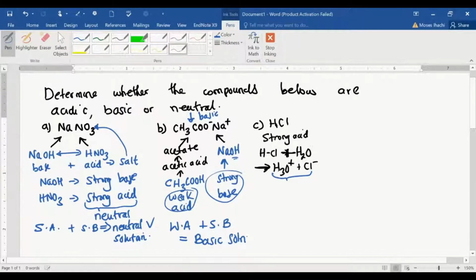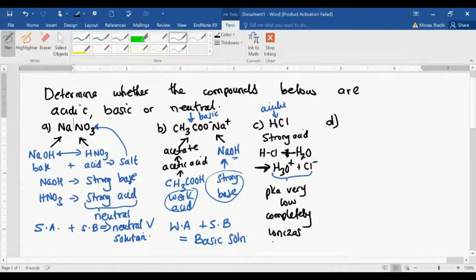I would expect this one to be acidic. That's just common sense. Not much to explain about that. Again, the pKa is very low. Like I said, it completely ionizes in water. So it's indeed a strong acid.